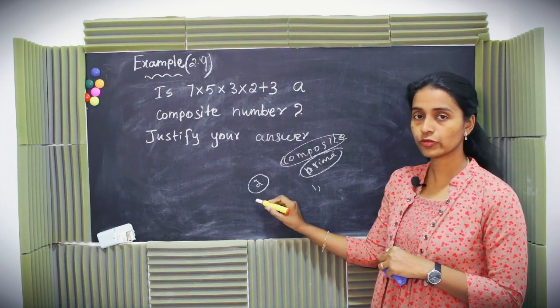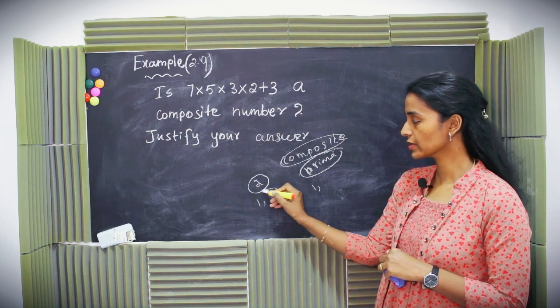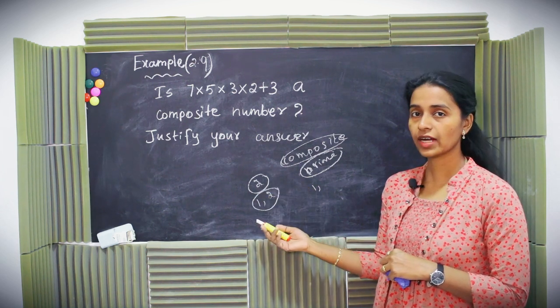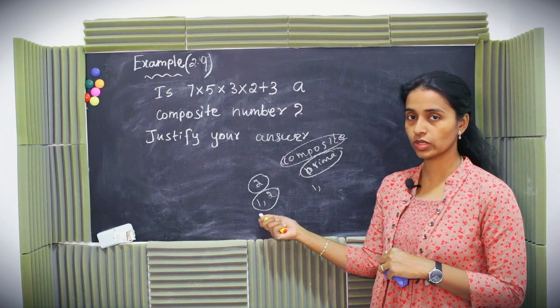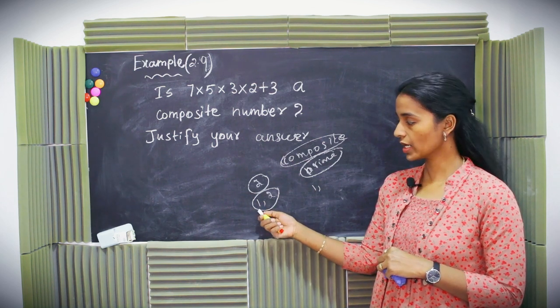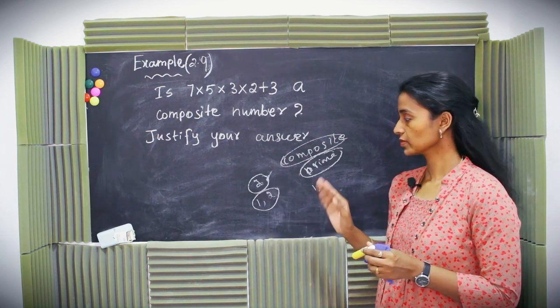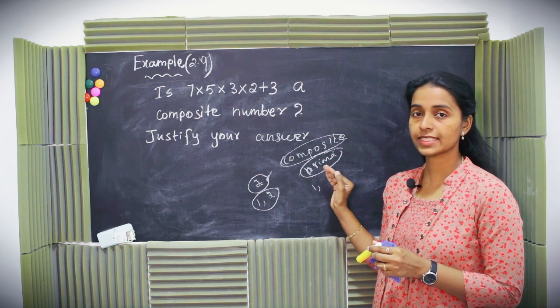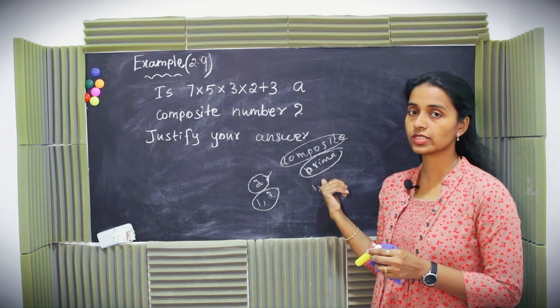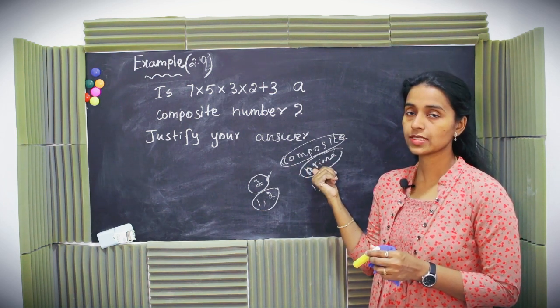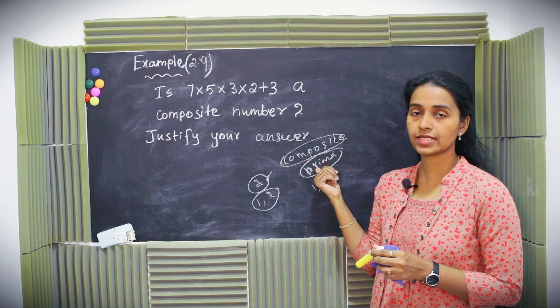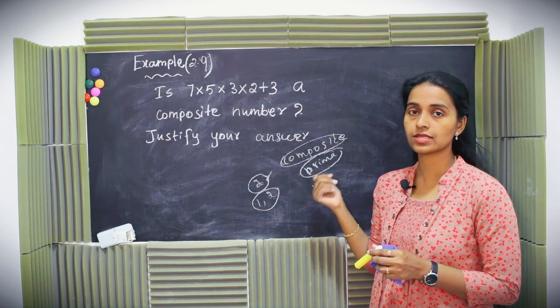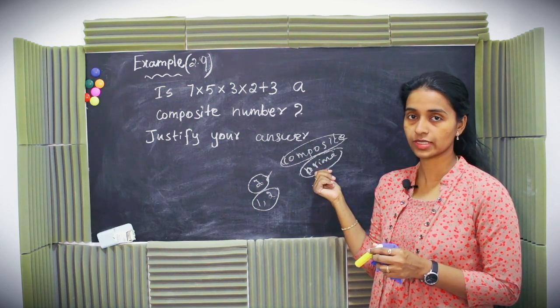What would be the factors of 2? 1, 2, right? Here we have exactly two factors, 1 and that number itself. I repeat, the number which has exactly two factors is called a prime number. Composite means the number which has more than two factors is called a composite number.